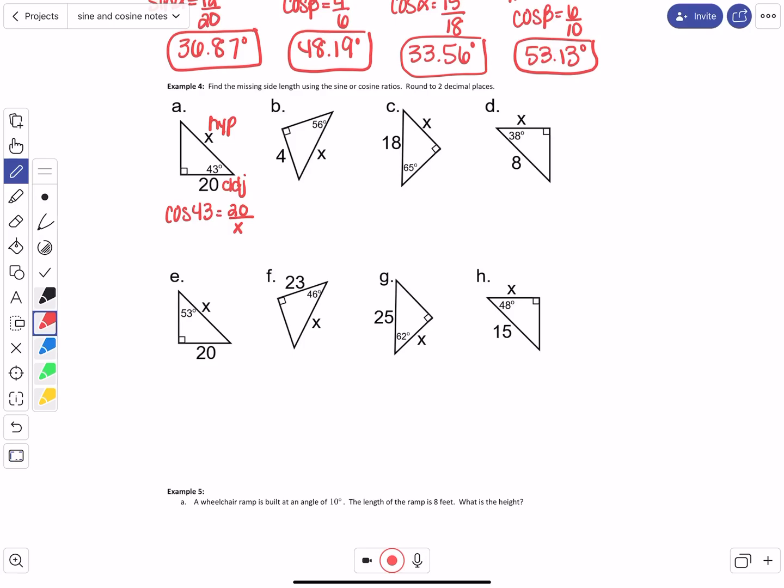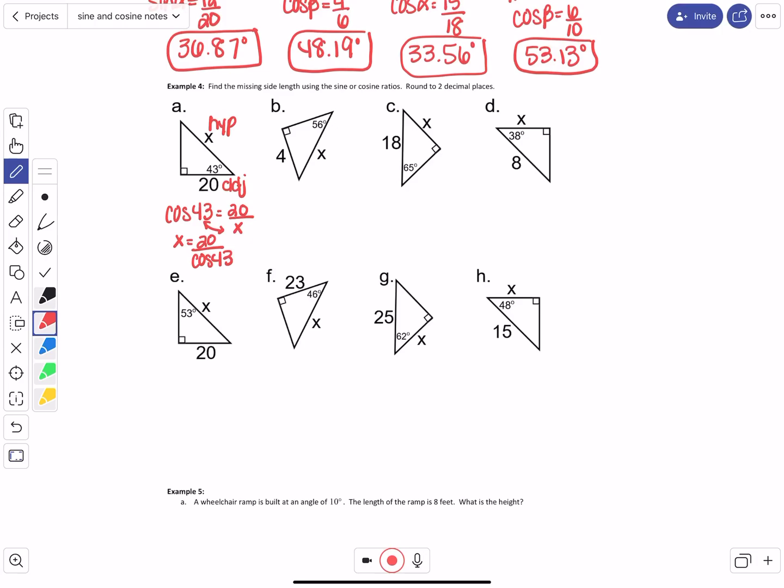So just like we did yesterday, when x is on the bottom, these two switch places. So we have x equals 20 divided by cosine of 43. Now since we're looking for a side, we do not hit the second button. Remember that little phrase we wrote on our notes?